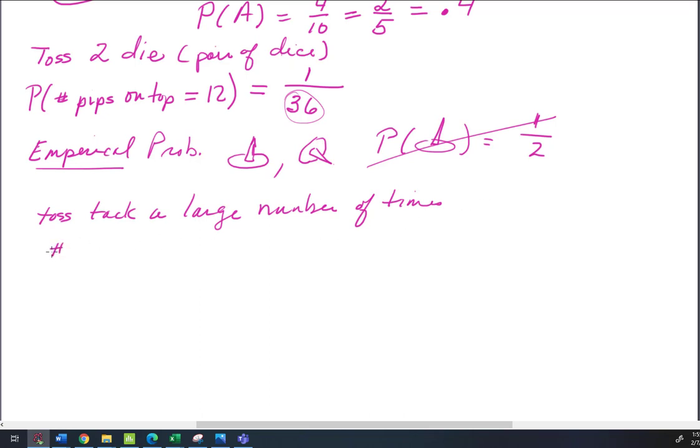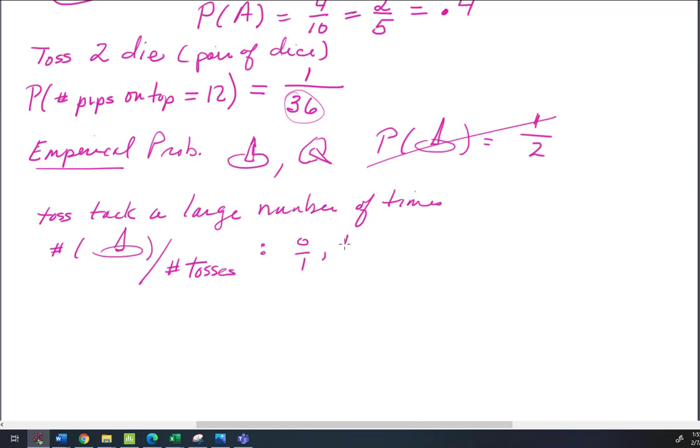And I would keep track of the number of times that the tack landed point up divided by the number of tosses. And that might fluctuate wildly at first. It could be 0 over 1 if I got a point down the first time.